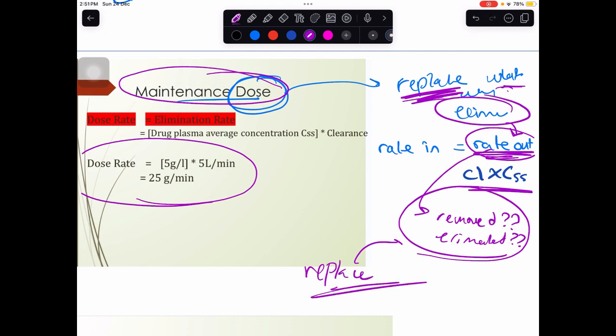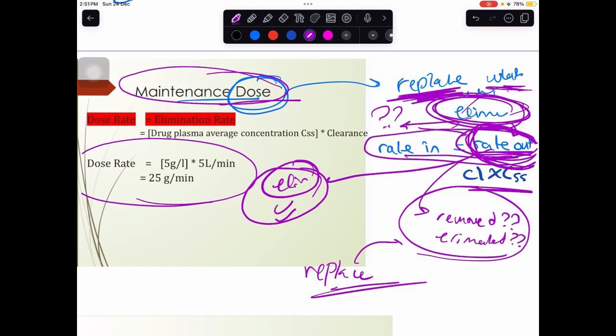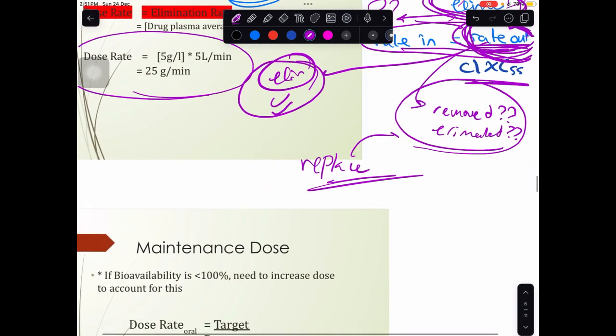That's it. That's what they're saying. How can I know what was eliminated? If the maintenance dose is the amount of dose required to replace what was eliminated, how can I know how much is eliminated? Through looking at the rate in equals the rate out. When I look at the rate out, how much is being eliminated, I can just replace what was eliminated. That's exactly what the idea means. So they're saying this is how you calculate it.